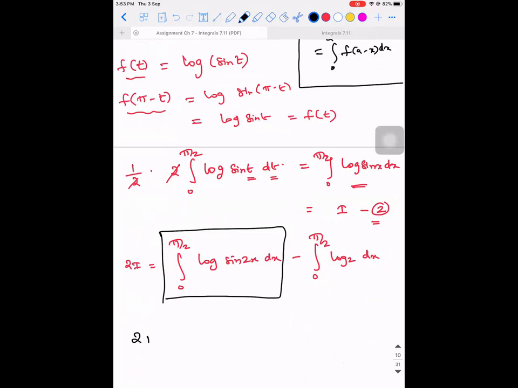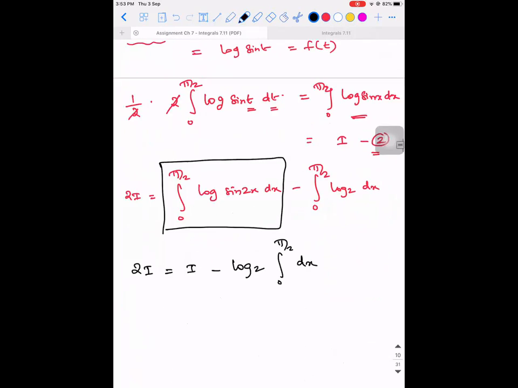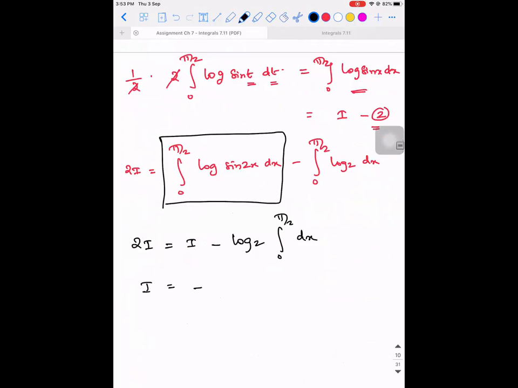I. So 2I is equal to I minus log 2, which is a constant, into integral of 0 to pi by 2 dx. So I will be equal to minus log 2 into integral of dx, which is x, with limits pi by 2 minus 0. So this is going to be the answer.